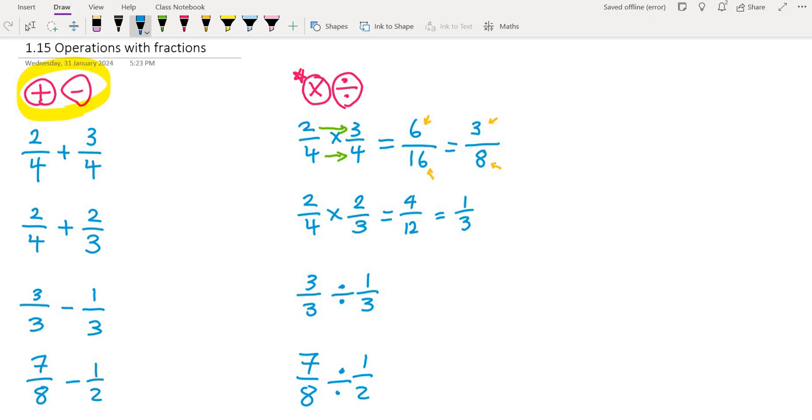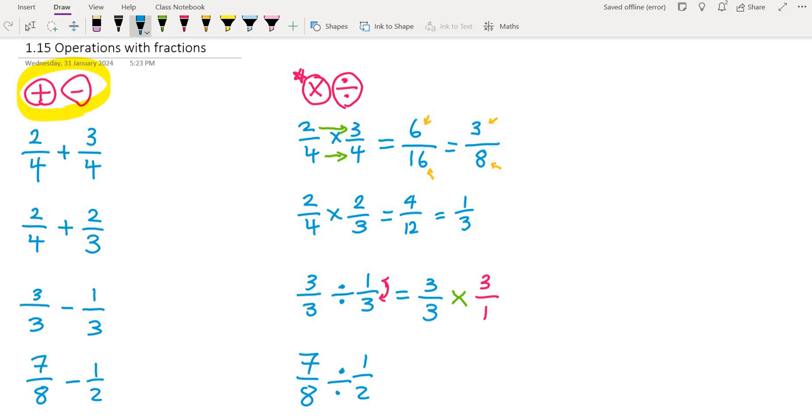Now, divide has one extra step, but it's very similar to times. We keep the first fraction as is, and we want to turn the division into times, and we can do that as long as we swap the order of the second fraction that we're dealing with.